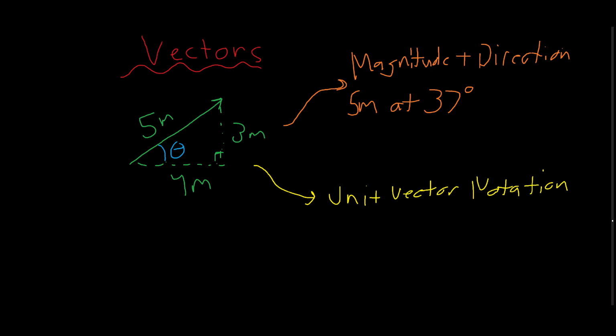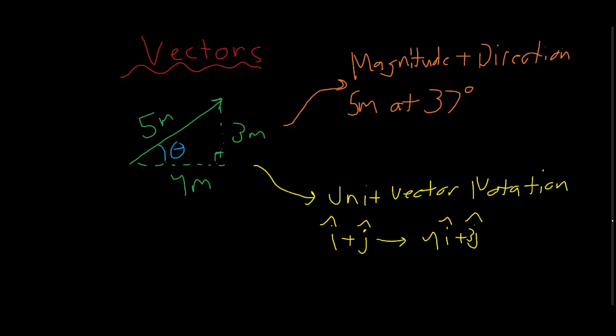Now we could also use unit vector notation, which looks a little something like I hat plus j hat. And then for this case, we would describe this vector as 4 I hat plus 3 j hat. Sorry about that.